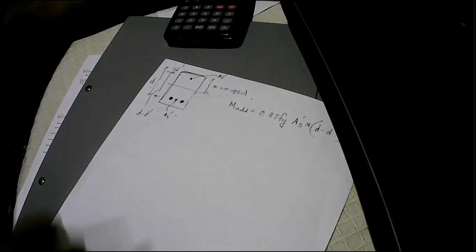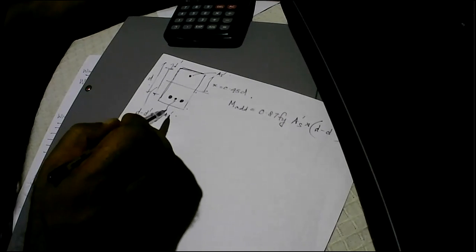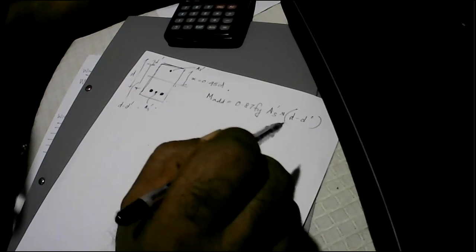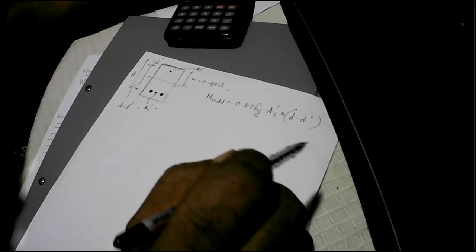So whatever the reinforcement that you provide here to carry the moment, the same amount of reinforcement should be provided here as well. Then we can develop the additional moment in the form of steel, this additionally provided steel yielding in compression and tension, and that also carrying an additional moment.